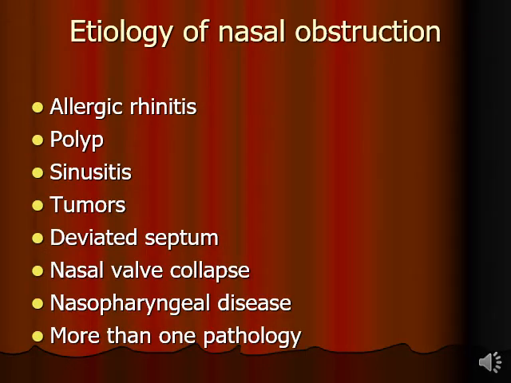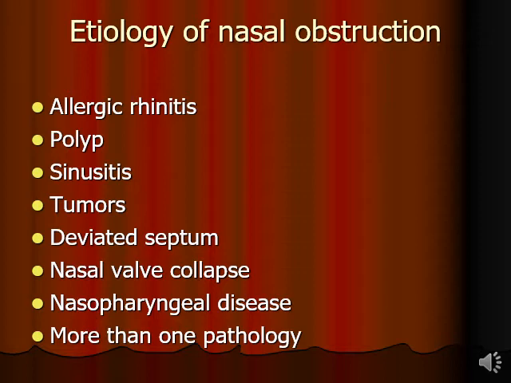There are other common conditions causing nasal obstruction. For example, allergic rhinitis, which is more common in Western or European countries, leading to sneezing, watery rhinorrhea, and nasal obstruction. As a consequence of allergic rhinitis, some patients will develop polyps, bilateral or unilateral nasal polyps, leading to valvular nasal obstruction.